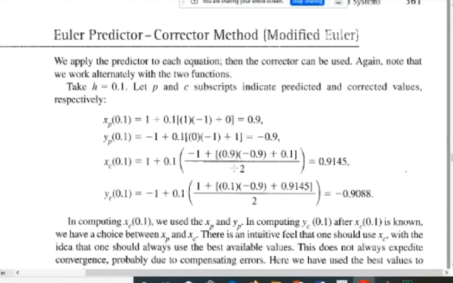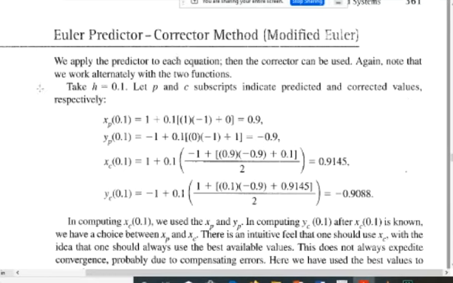Take h as 0.1 or step as 0.1. P and C indicate the predicted and corrected value in these computations, as well as previous indexes of P and C, which both refer to predicted and corrected.